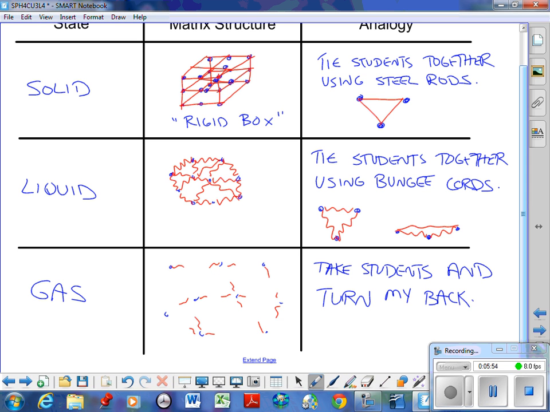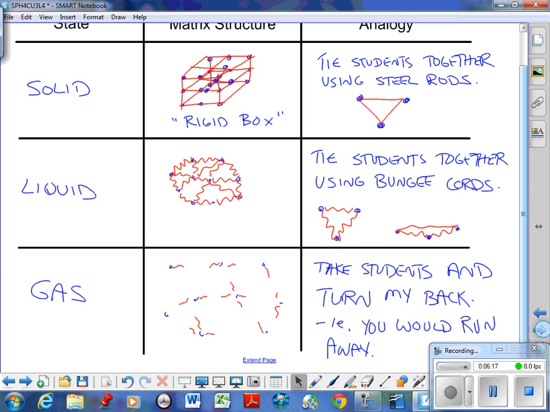If I was to take you outside, turn around, and cover my eyes, you would run away and go home. There's nothing holding you or linking you. You can spread out and head off in your own directions. You'd be gone. So there are your three states and kind of the reasons why those bonds work.